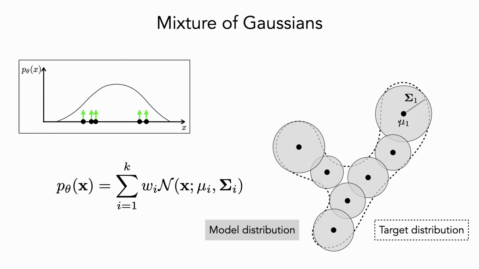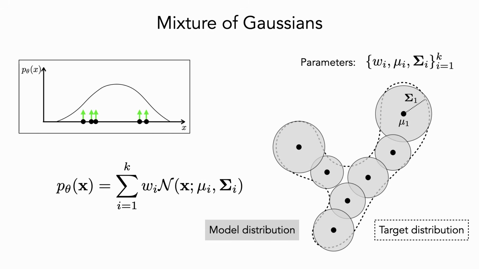The mean of the first mixture component is here, and the covariance is, in this case, just an isotropic two-dimensional Gaussian. So the covariance is equal to the variance, just one number that characterizes that shape. It's the radius of that circle. Okay, so that's the mixture of Gaussians.